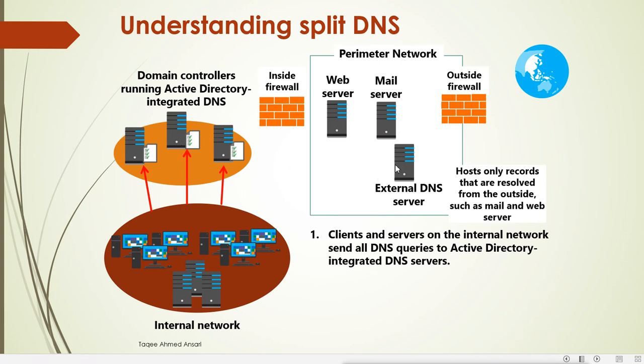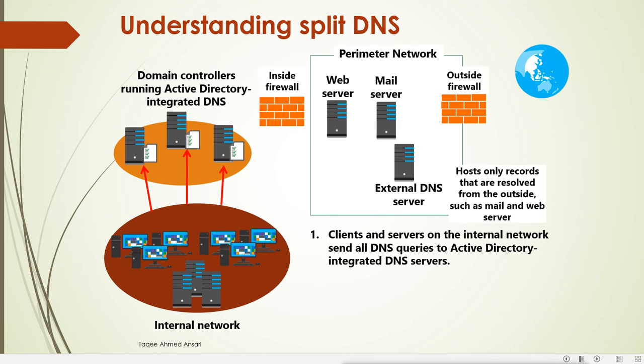Now for example, our domain name is Sai. The external DNS server will have sai.com, because .com is a top level name, so it can be resolved from the internet, and our internal DNS servers will have sai.local. This sai.local cannot be resolved from the internet. So with .local or .com we divide the DNS into two, the internal DNS separate and the external DNS separate, and it is called split DNS.